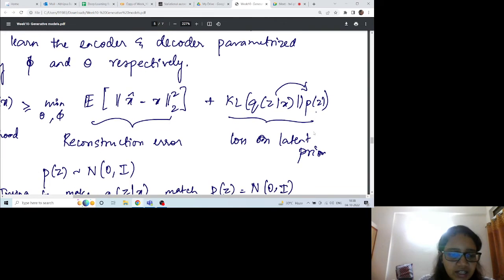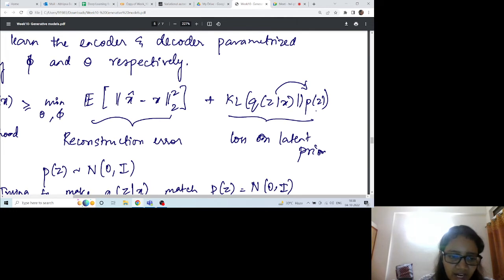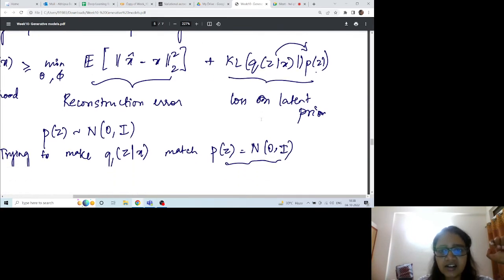The prior p of z is a Gaussian distribution with mean 0 and the covariance taken to be the identity matrix I. What you want is for these two distributions to be very, very close. So that error is also kept.